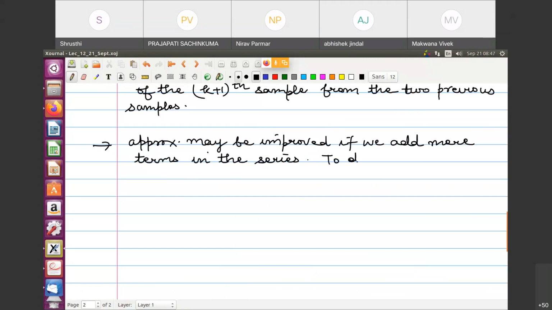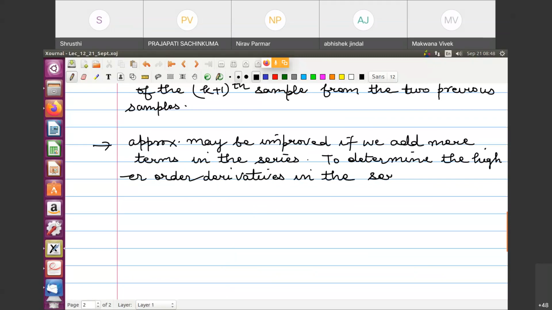Now to determine, so this above thing is obvious that we can add more terms to improve our approximation. So to determine the higher order derivatives in the series we require more samples in the past. This is quite obvious.